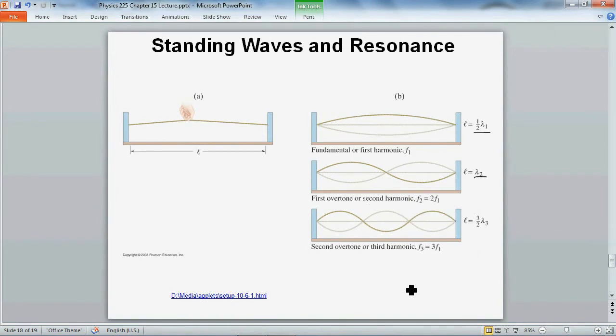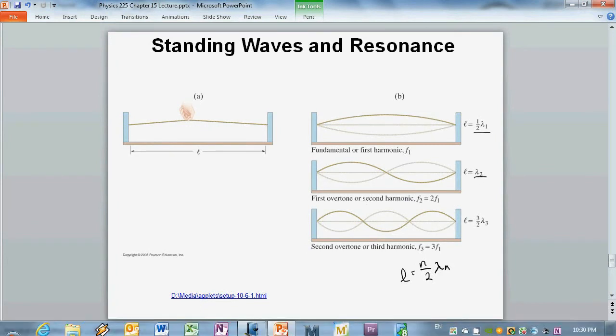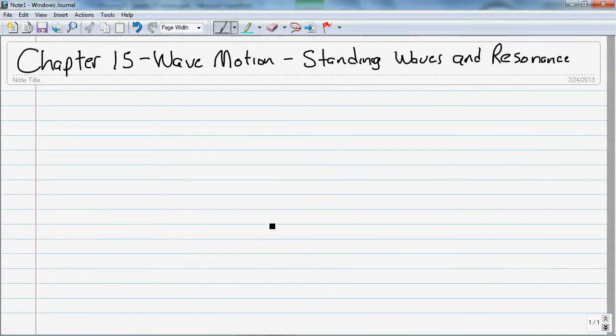And our formula that we found was L equals the harmonic number divided by 2 times the nth harmonic wavelength. So let's do some math to see some relationships and how they interrelate.